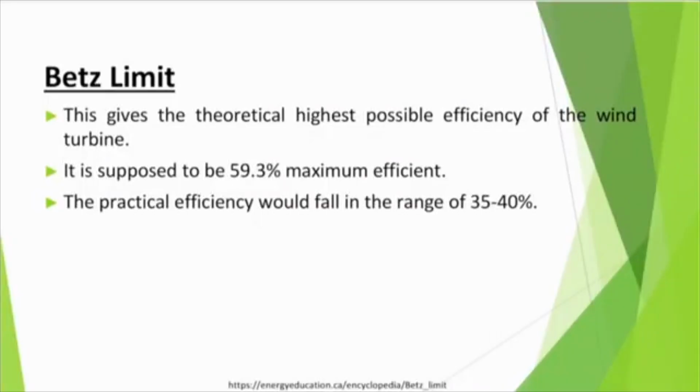It is supposed to be 59.3% maximum efficiency. That means we cannot go beyond 59%. That is what it has been told. And the practical efficiency falls in the range of 35 to 40%. So if you compare solar and wind, solar is close to 20% and wind is close to 40%. Being double the efficiency, wind generators as a renewable energy source are preferred compared to solar.